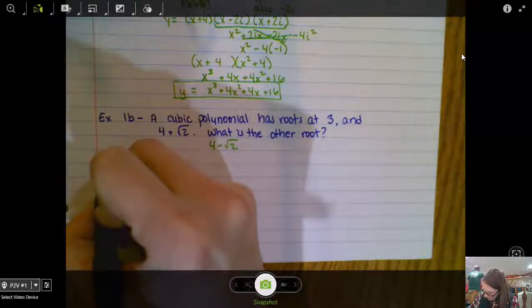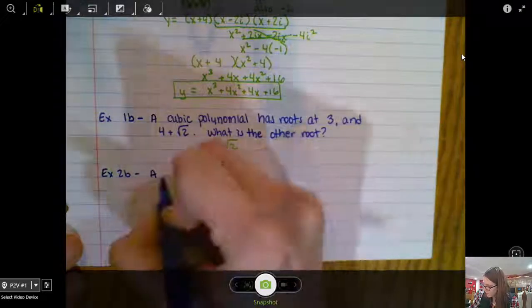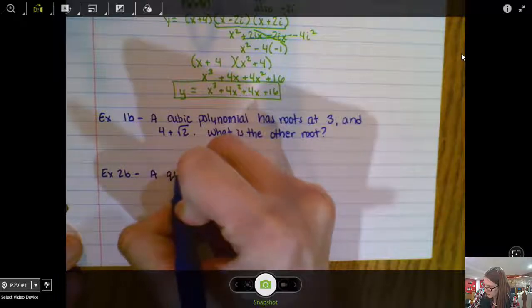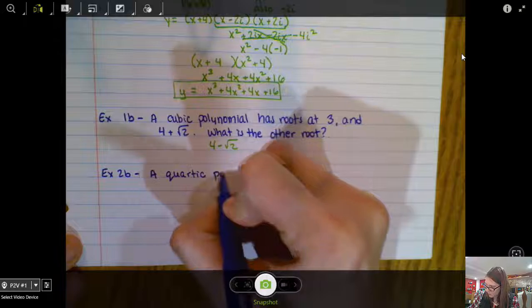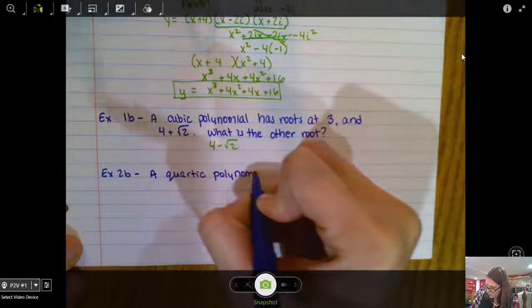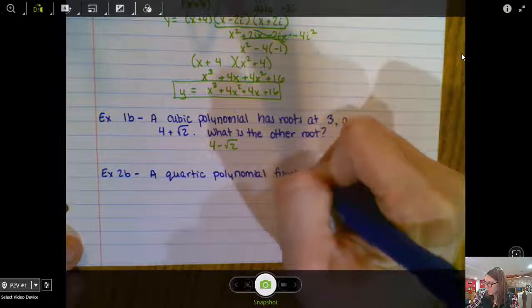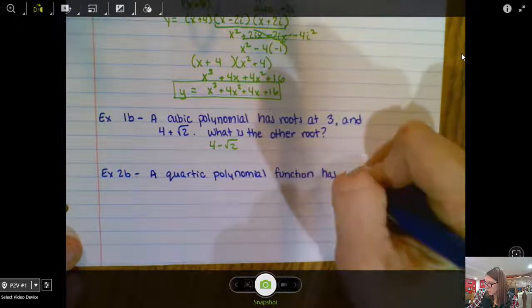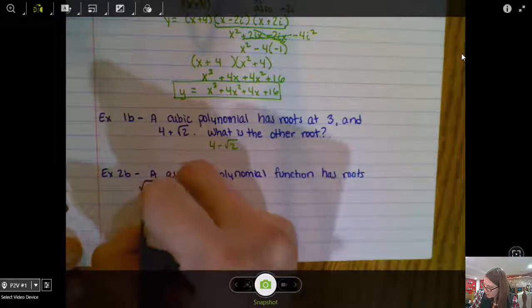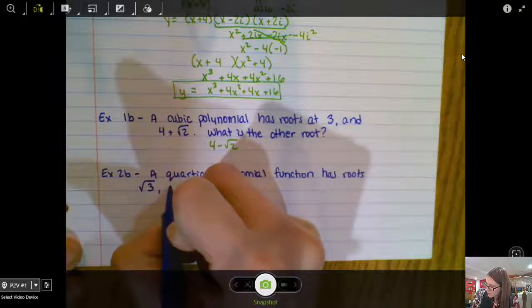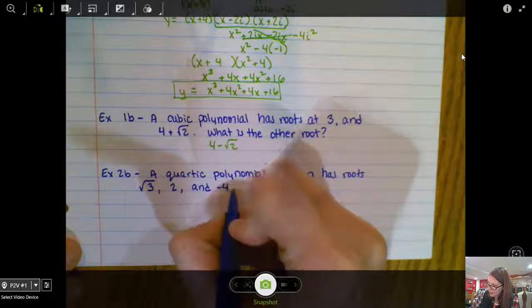All right, and example 2b here. A quartic polynomial function has roots square root of 3, positive 2, and negative 4.